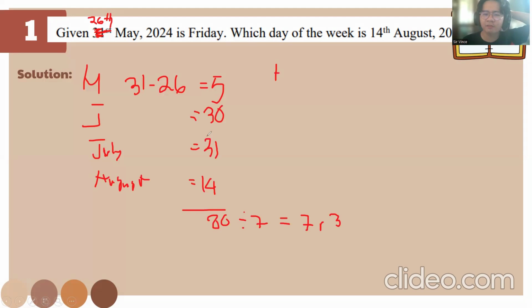Then 3 days after Friday, the question is not clear. Okay, just follow this. This should be Saturday, Sunday, and Monday. Okay, this should be solved like this. The solution manual is wrong. There are typos and errors. So that is for number 1.